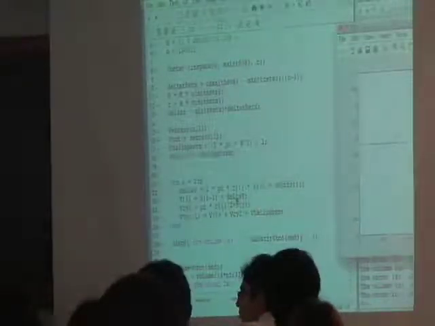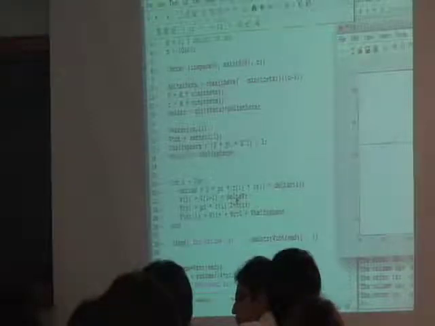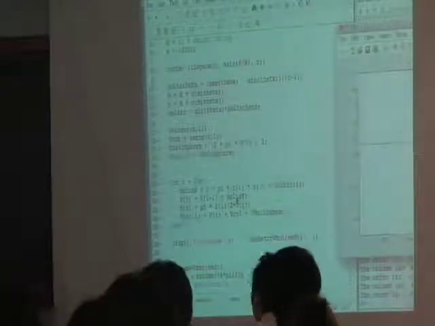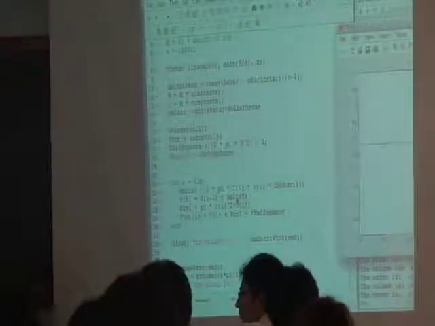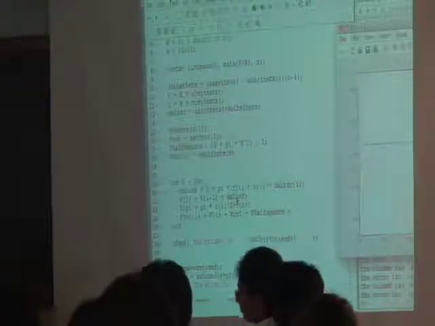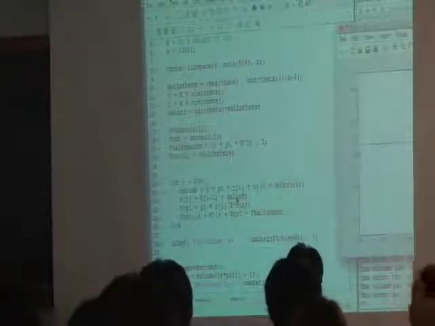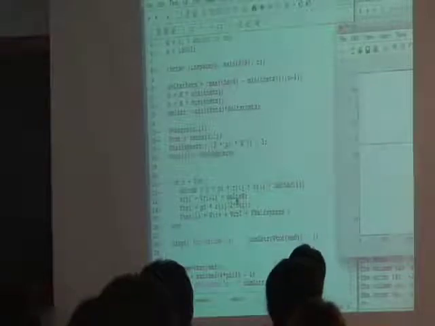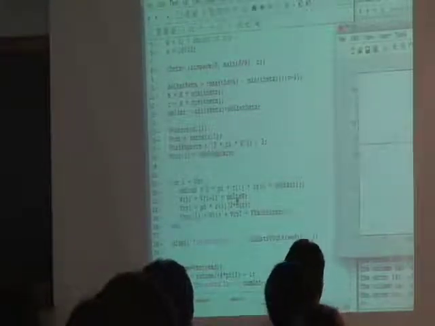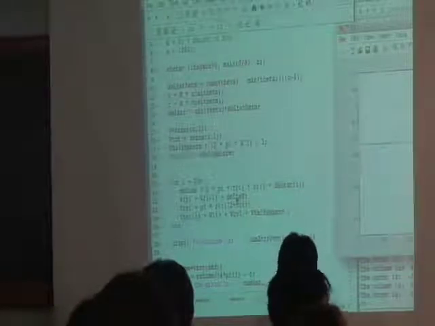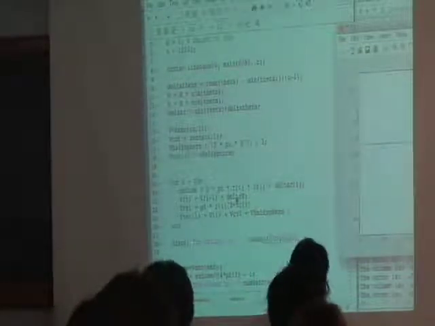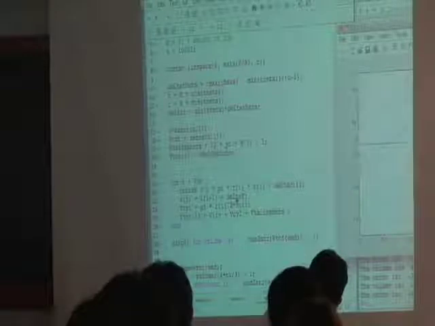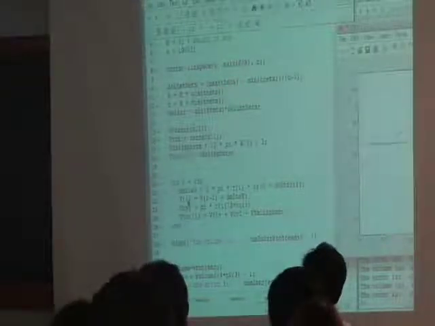I want to add up those delta V's to figure out the total volume of that weird shape. Rather than just add it all the way up to capital H, I do partial sums. So I keep track of the addition as I go along. I've got the first cylinder, then the first plus the second, then the first plus the second plus the third, the first plus the second plus the third plus the fourth, and that's what all of these V sub i's are.